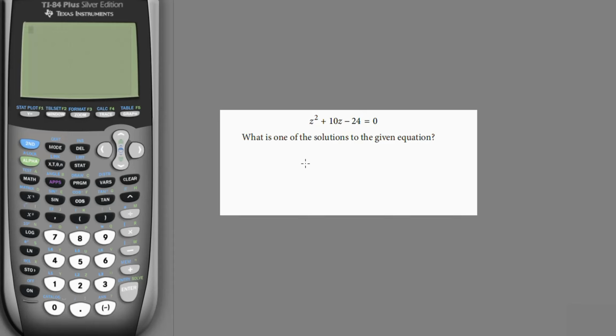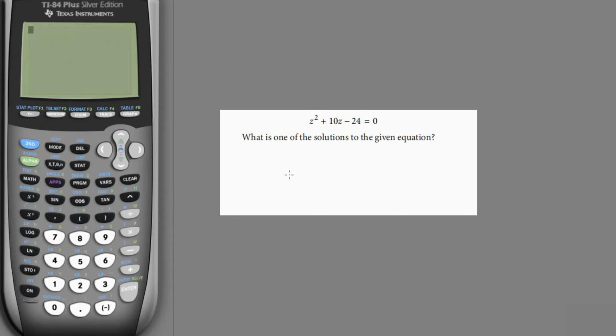Check the channel for that video, watch it, and you'll be glad you did. But with this edition, if you want to manipulate it with this calculator, you can, but it's not that straightforward. So it's better you do it manually if you are using a simple edition. So let's solve this manually with the factorization method. Very easy. I'll show you.